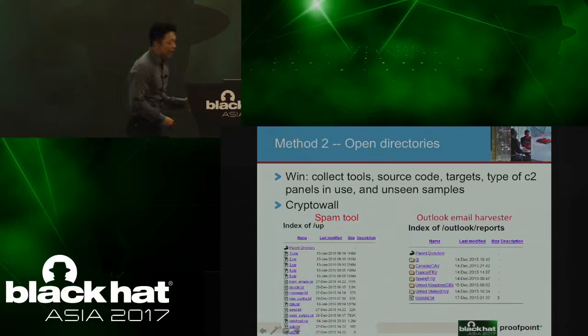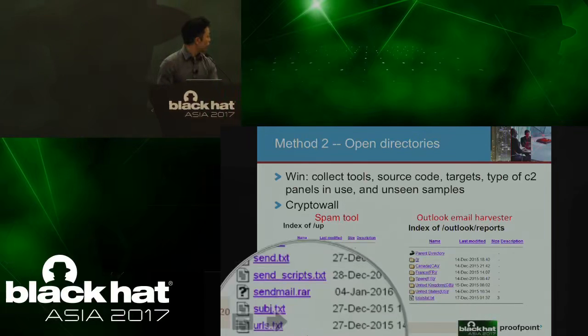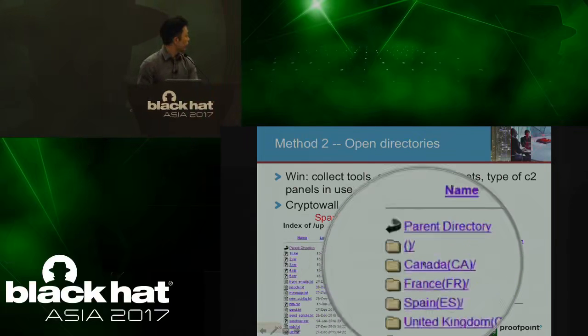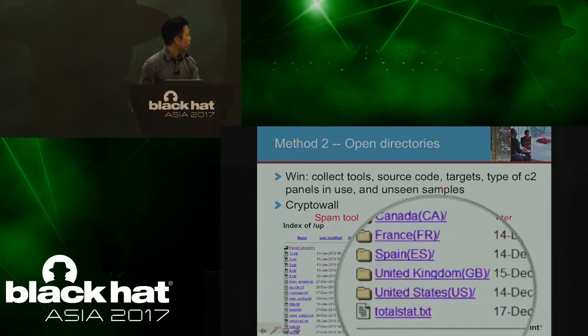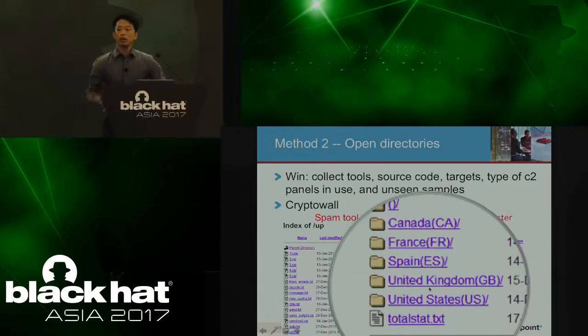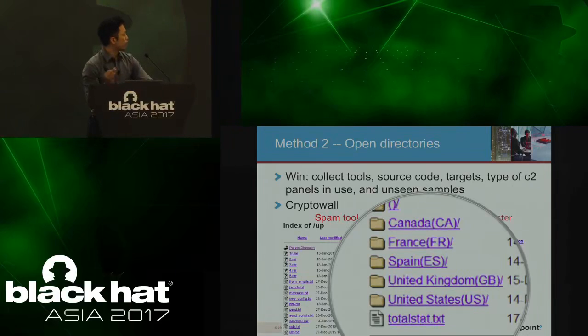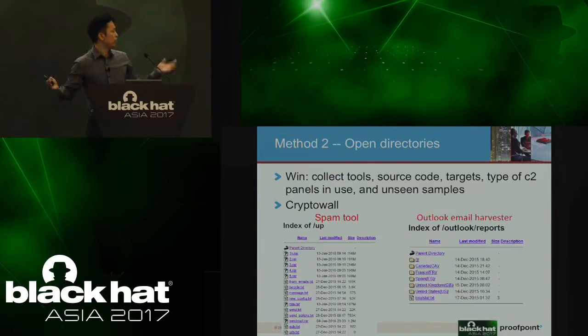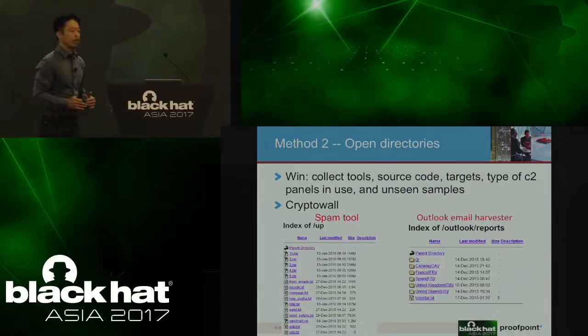What we learned from here is that they're absolutely grouping their campaigns according to location, and when the malware uploads the extracted emails back to their command and control, it's stored in different folders such as Canada, France, Spain, United Kingdom, United States, right? So just from that, we understand which regions they have been targeting at the time of this discovery.